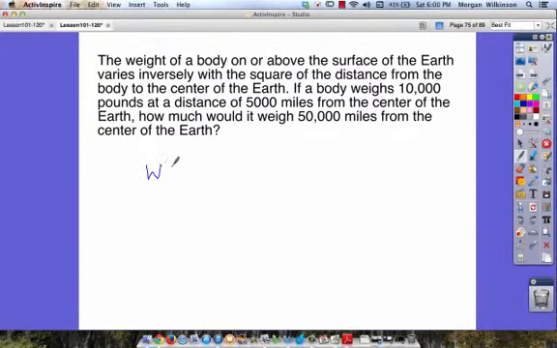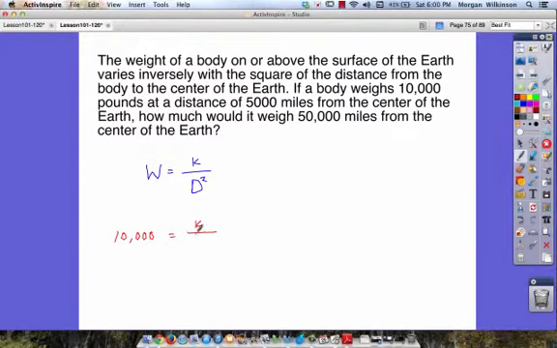So the weight of a body is equal to our constant of proportionality k over our distance from the body to the center of the Earth. But it has to be the square of the distance. So distance squared. Now let's fill in our values. The weight of this is 10,000 pounds, and it's equal to k over d squared.